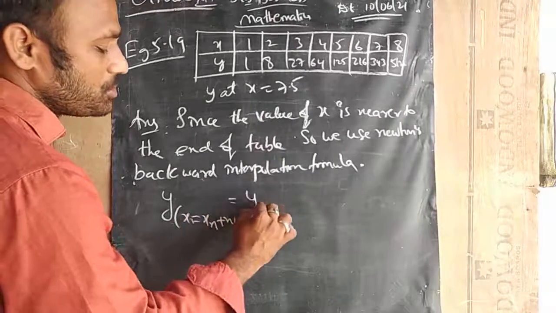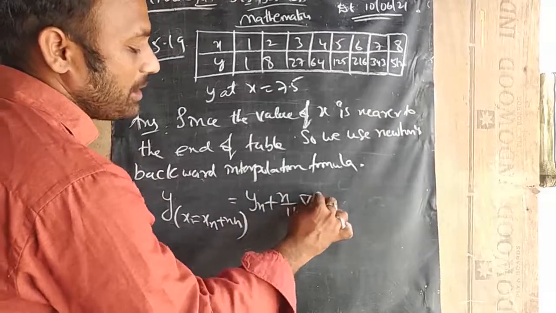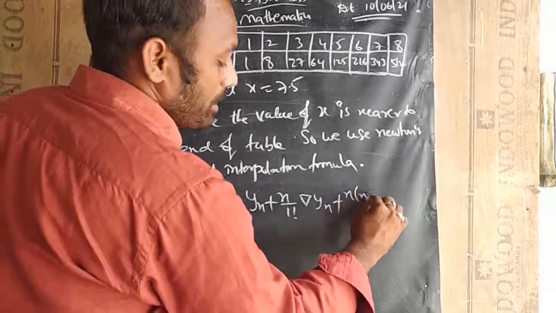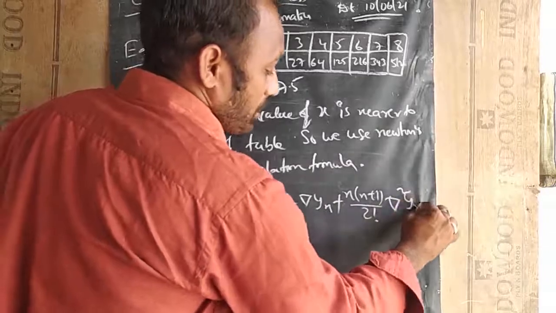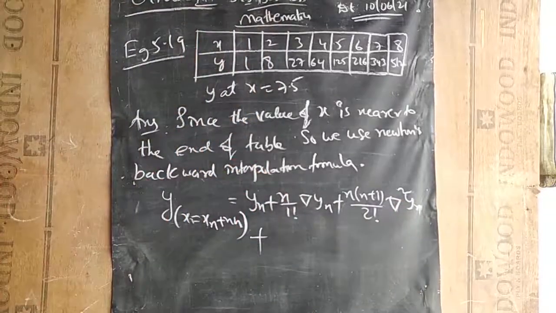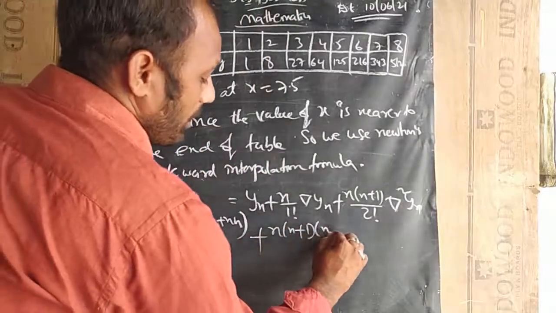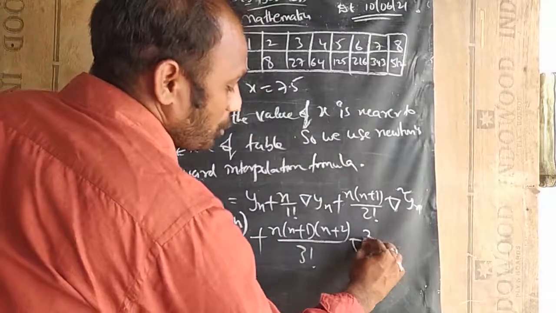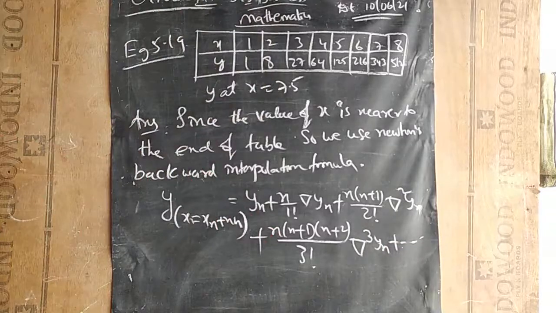That is equals to yn plus n by 1 factorial into delta yn plus n into n plus 1 by 2 factorial into delta square yn plus n into n plus 1 into n plus 2 by 3 factorial into delta cube yn plus so on. So depending upon the term we have to write this.